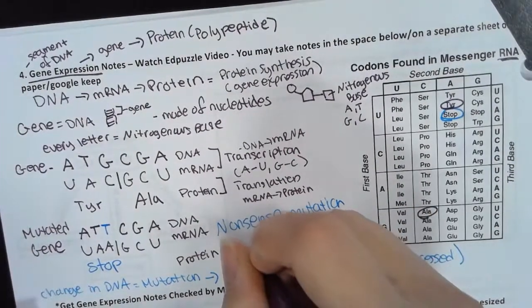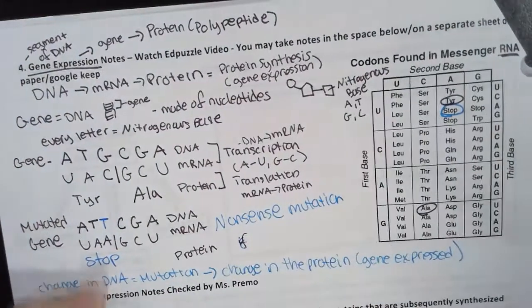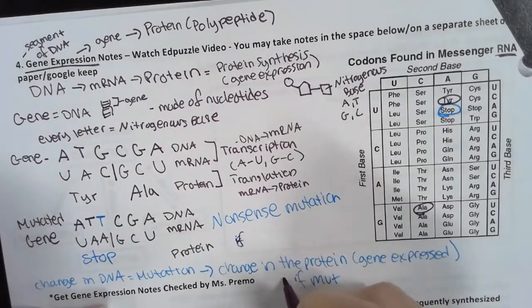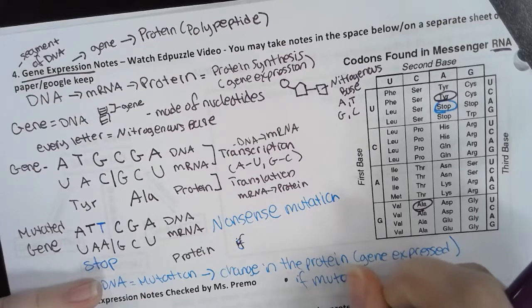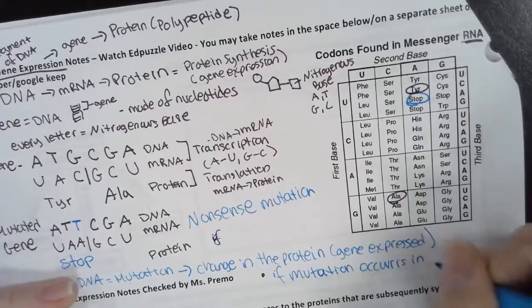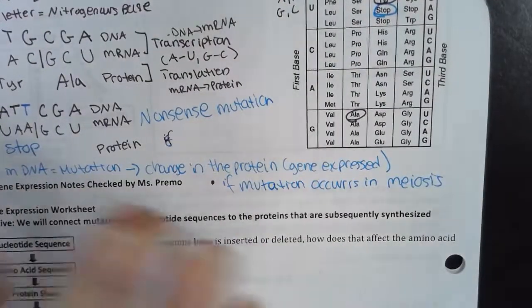Let's say that this mutation happens in meiosis. So if mutation, this is another bullet point. If mutation occurs in meiosis, remember meiosis produces your gametes or your sex cells.